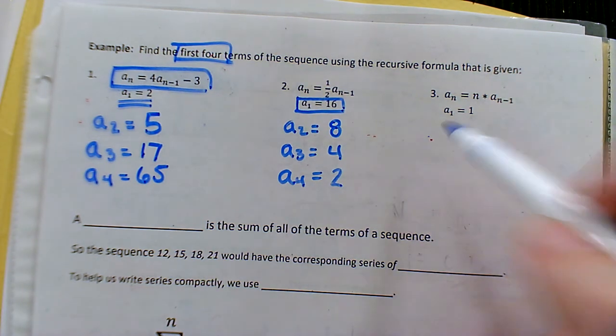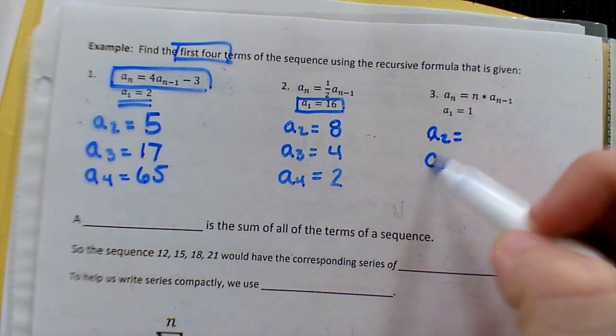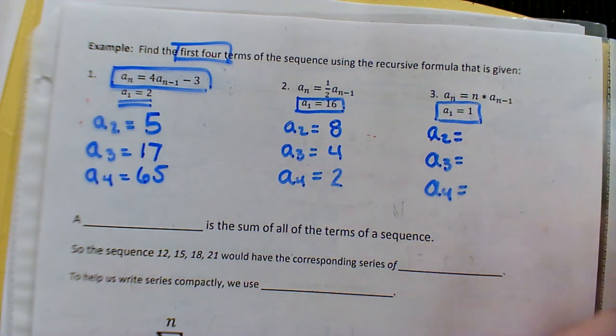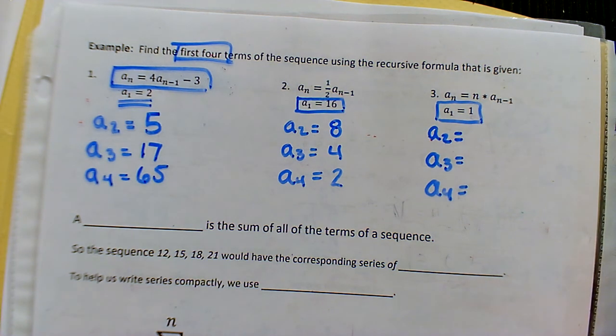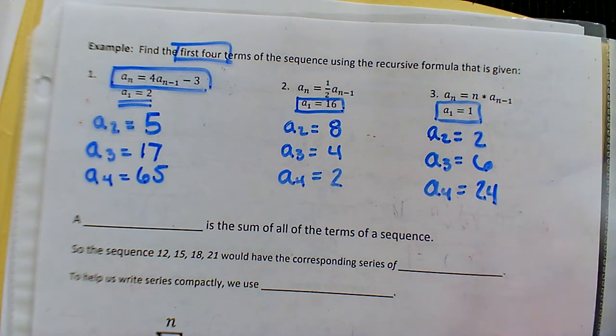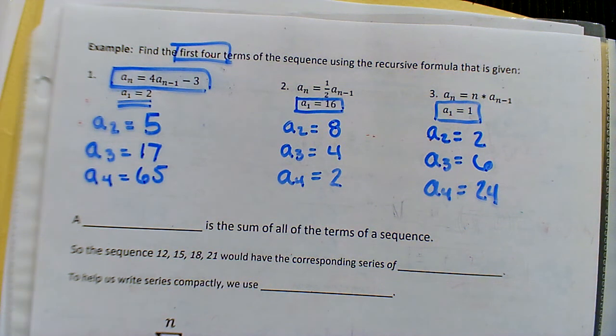Yeah? Good. Alright, let's try the last one. How does 2, 6, and 24 sound? Good? Perfect. Okay. So a very popular recursive sequence is the Fibonacci sequence.